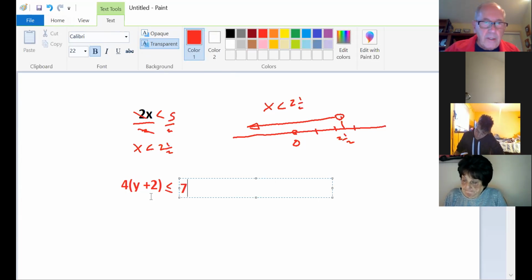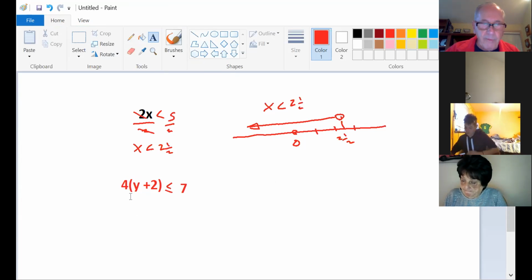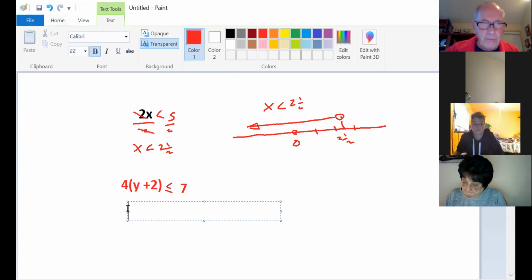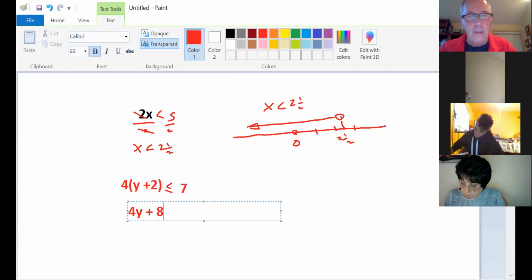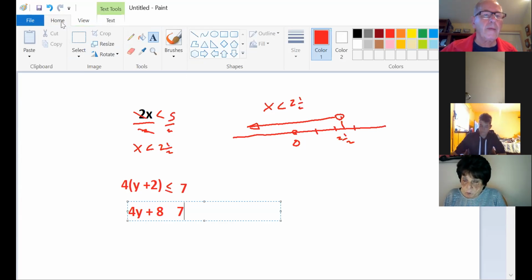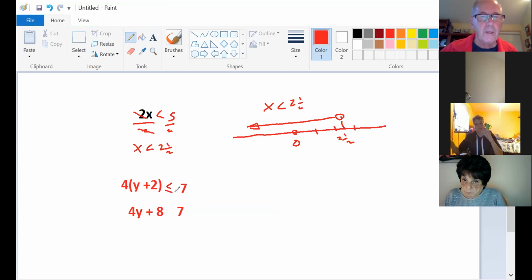So how do I do this? The first thing I want to do is multiply the 4 times y plus 2, so I'm going to get 4y plus 8. And then it's back to this less than or equal to 7. Sorry, I have to use 2 hands on this thing.